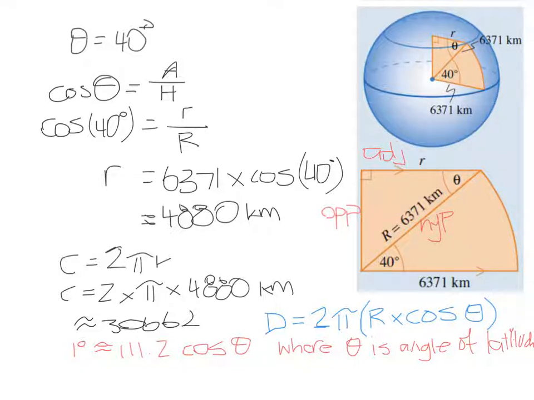And because of this working that we've done here, we can see that the distance on a small circle is reduced by the factor of the cosine of the angle of latitude.